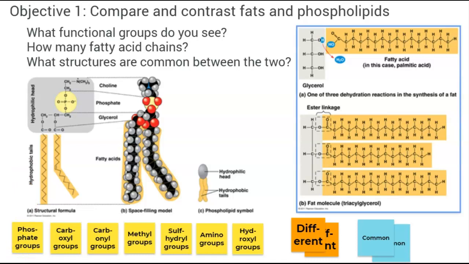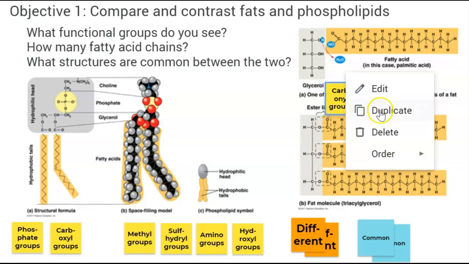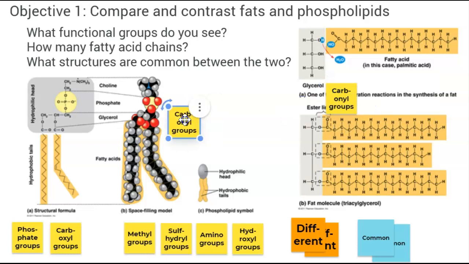All right, so hopefully one thing that you've noticed is that in all of these there are some carbonyl groups. Up here, right where those ester linkages are, there is a carbonyl group here, here, and here. Over in the phospholipid, there are also carbonyl groups, and they are located right here.